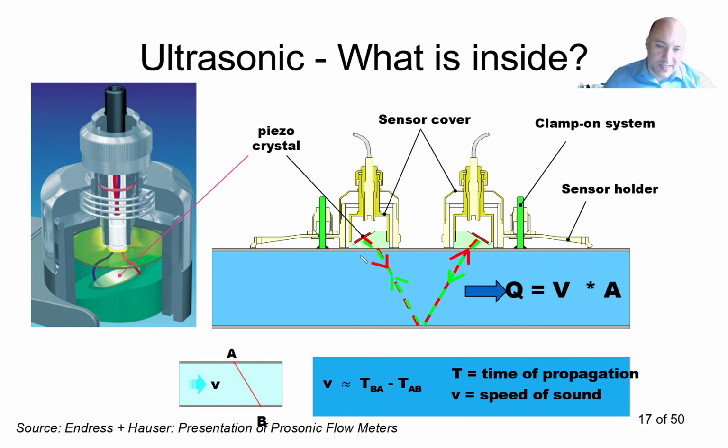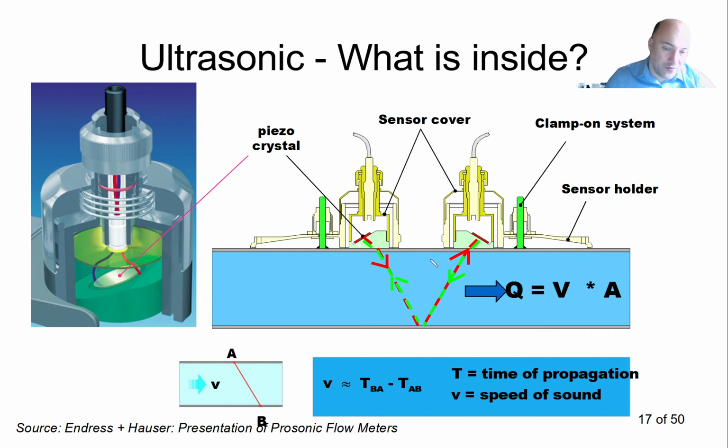Now this ultrasonic signal travels through this sensor, travels through the pipe wall and through the fluid. Then it gets reflected from the pipe wall and travels back to a receiver, and we can simply calculate what is my flow rate, which we can see is proportional to the time difference.